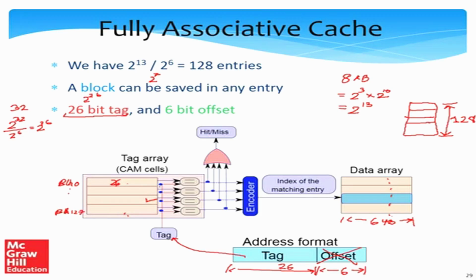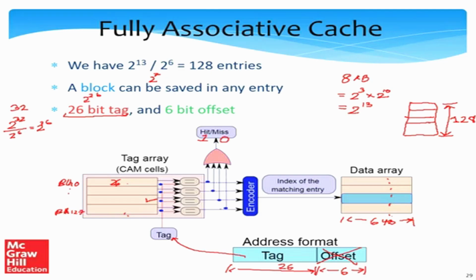Otherwise, if the block address does not match any of these tag entries, then there is a miss. So if there is a hit, the OR gate will give a 1, which means there has been some match. Otherwise, the OR gate will yield a 0, which means there has been no match.